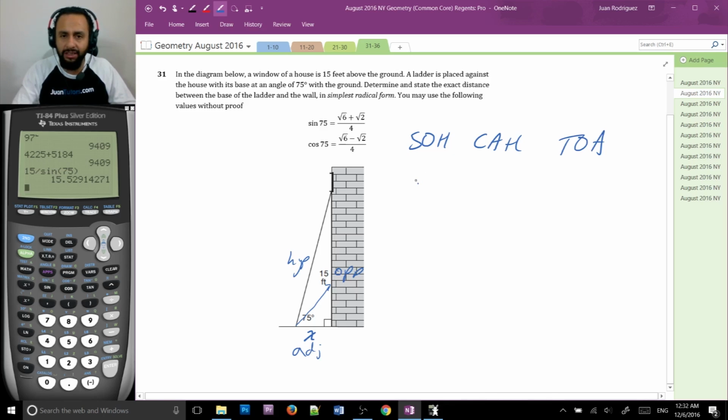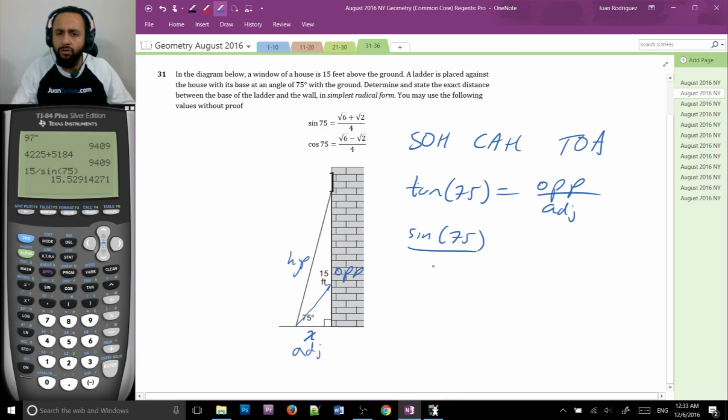So tan of 75 is equal to opposite over adjacent. Okay, now how do we do this? We have tan 75 is equal to sine 75 over cosine 75.